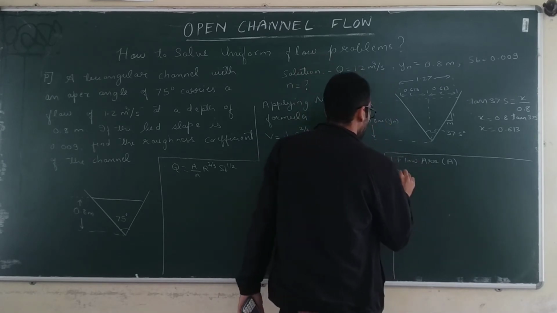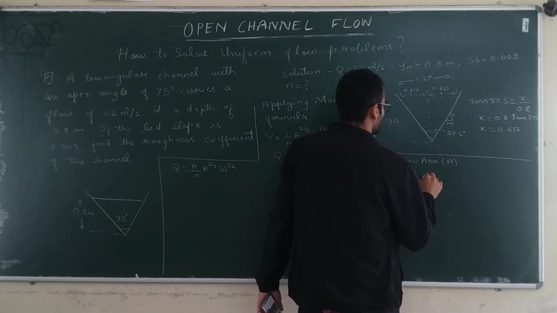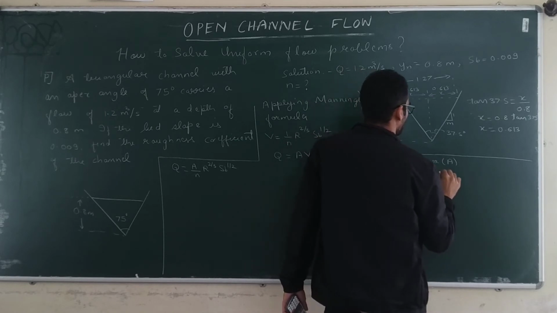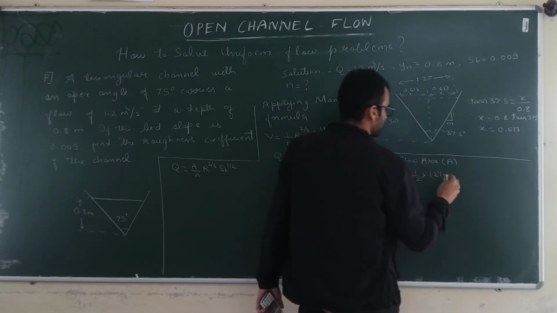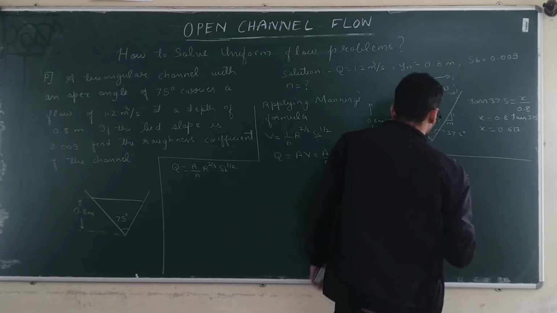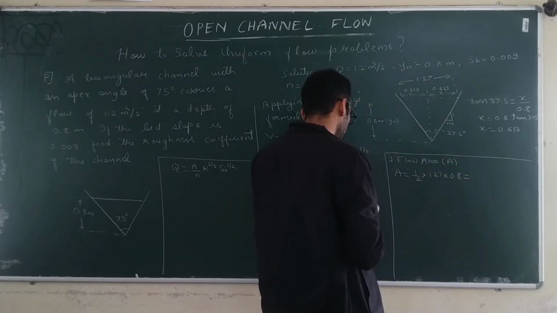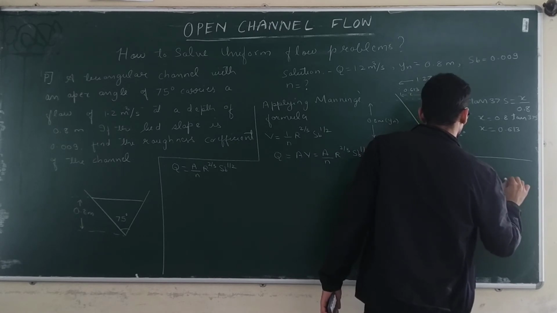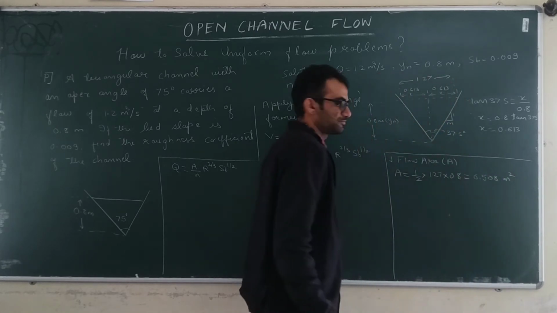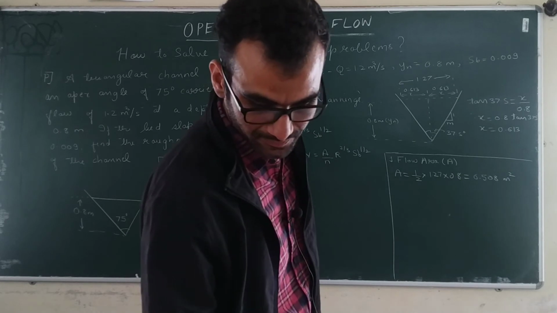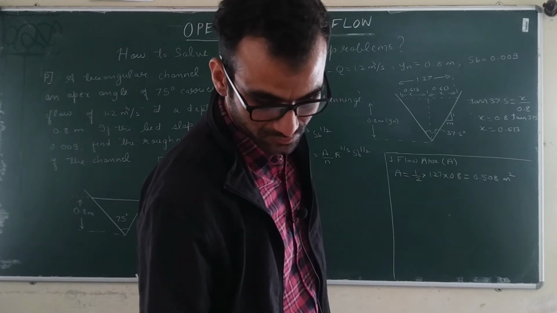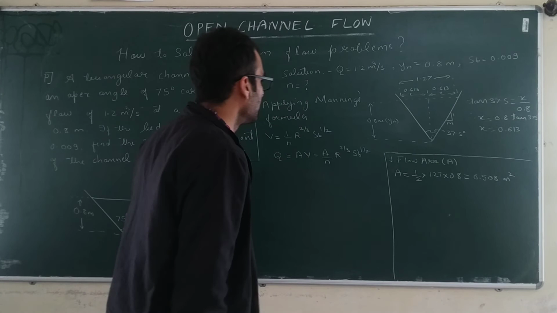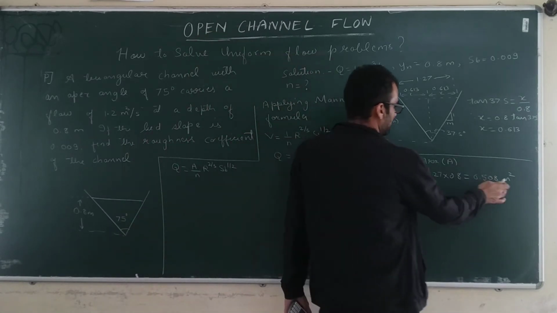Flow area A will be equal to half into base, 1.27, into height, 0.8. So that will be equal to 0.5 meter square. I will just check. Okay, fine, 0.508 meter square.